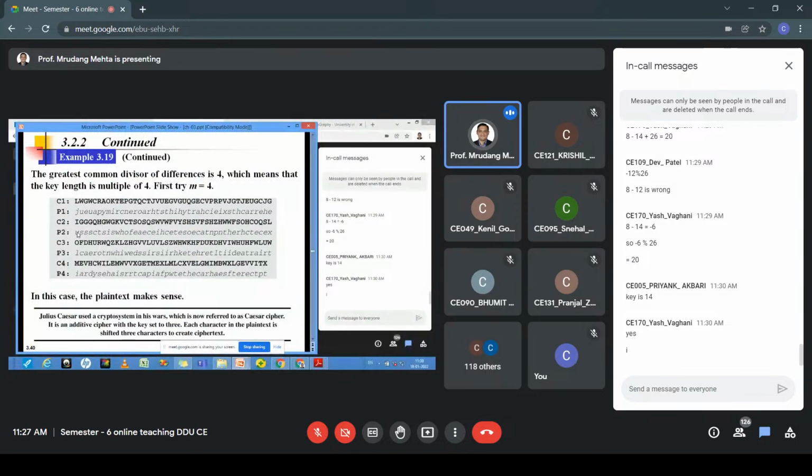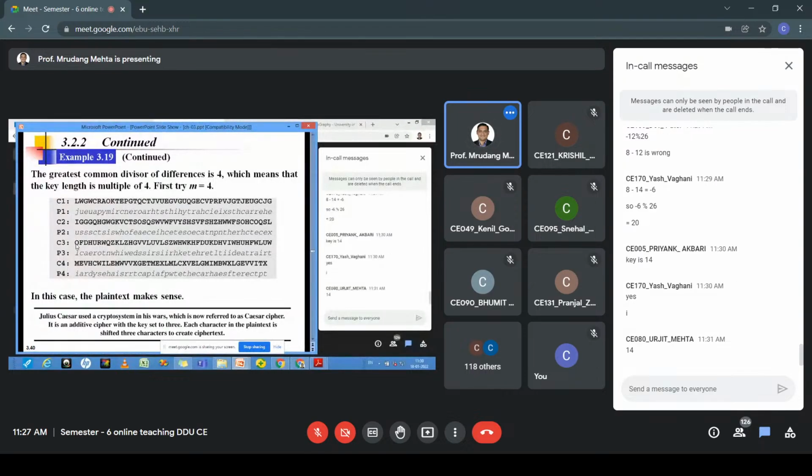Similarly for O, what is the value of O? Okay, note down these key numbers in your book, so that you can then identify the actual key. For O, what is the number for O? 14.